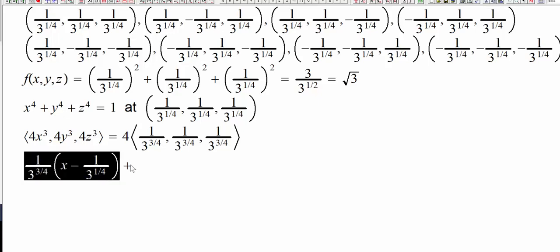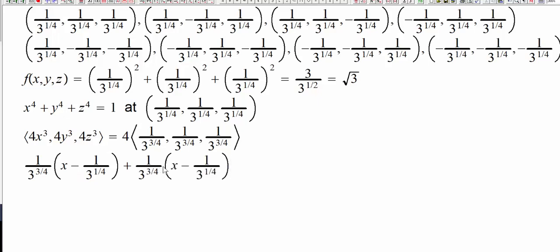Plus the same thing with z. And the reason I'm calculating the equation of the tangent plane at the condition is because we can see that the tangent plane is common to the sphere as well. Or maybe I'm doing it this way because I'm just too tired right now.